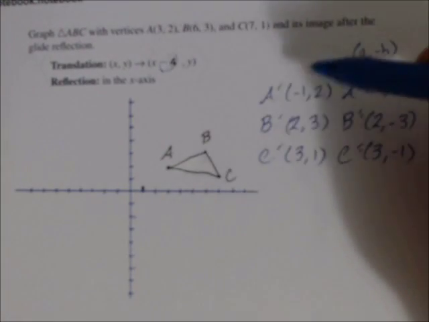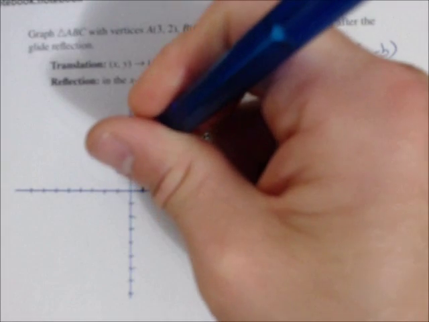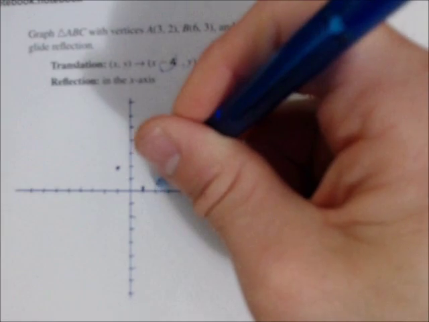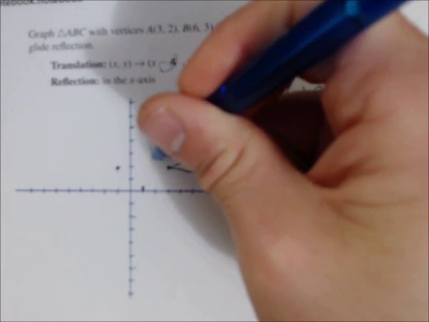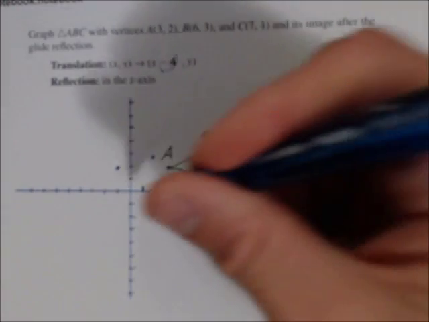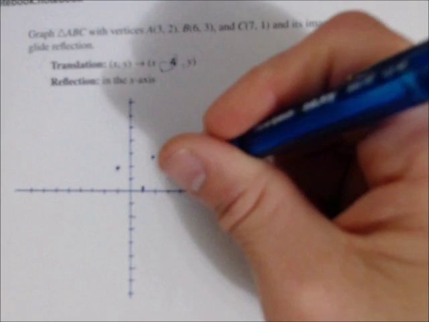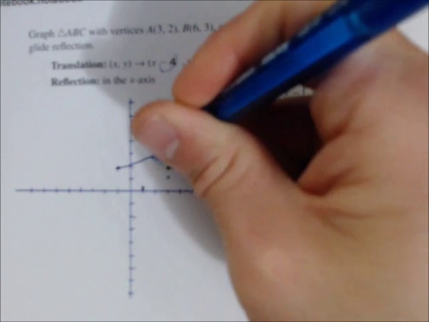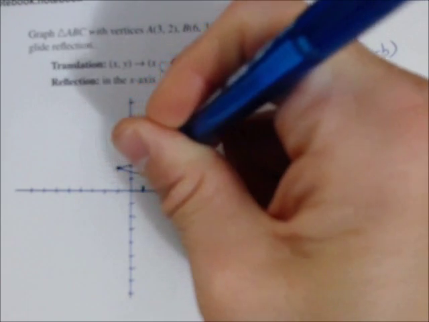Now, A prime, B prime, C prime should be (-1, 2), (2, 3), and then (3, 1). And if you do it right, it should look the same.